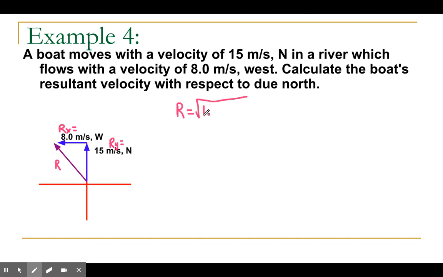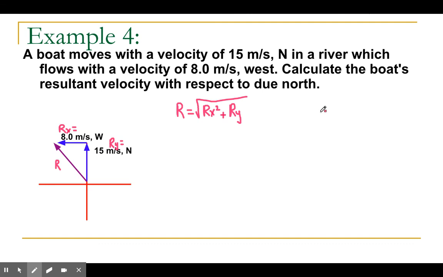Our next steps are to use the Pythagorean theorem to find the magnitude of the vector. So give the video a pause and determine the magnitude of the resultant vector.